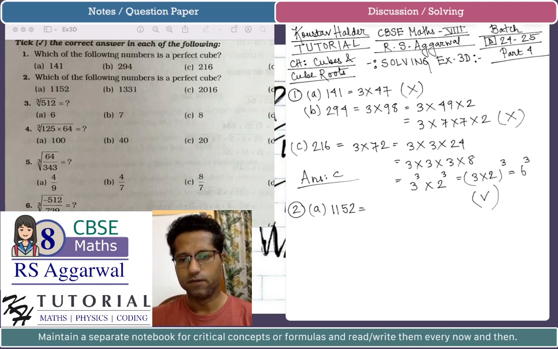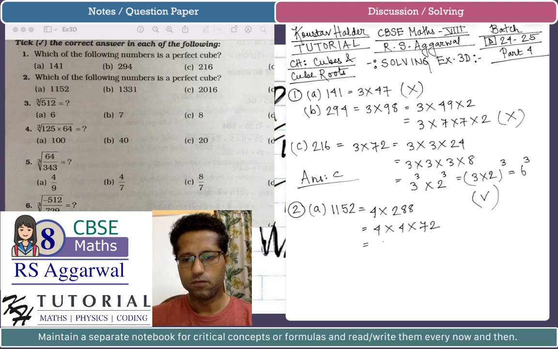Now I think this will divide by 4. So this is equal to 4 multiplied by 288, which is 4 multiplied by 4 multiplied by 72.